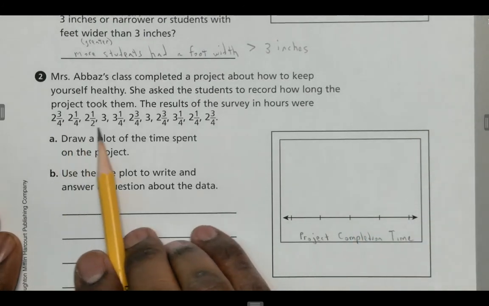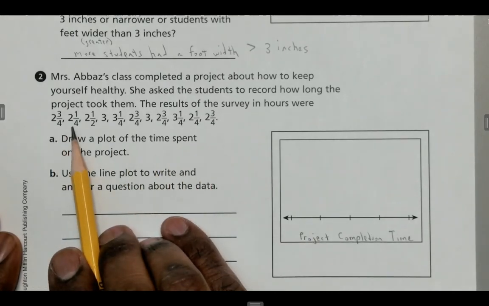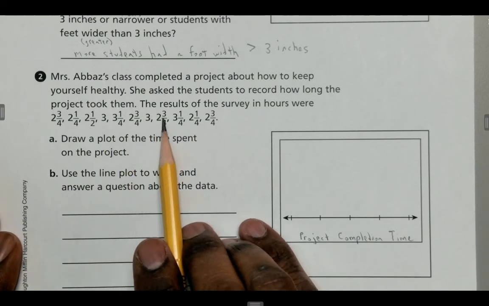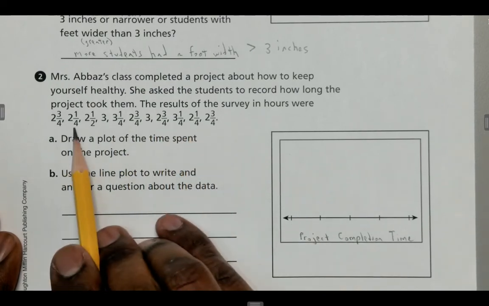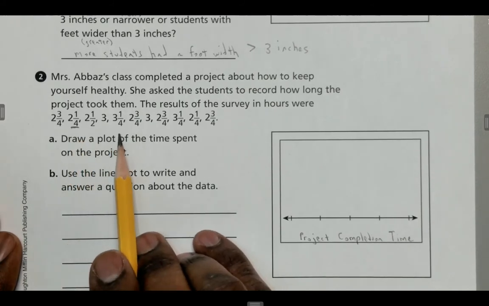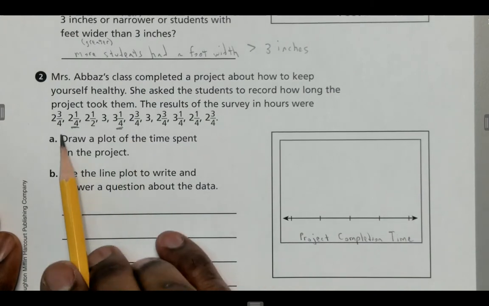And then let's look at the data. 2 3/4, 2 1/4, 2½. I'm looking for the smallest and the greatest value. I think this is the smallest. And I think this is the greatest. Let me double check that.